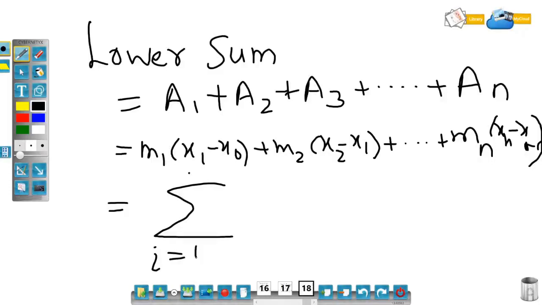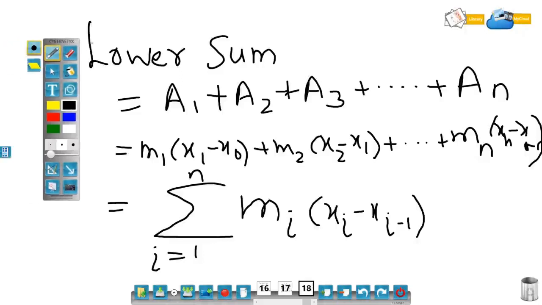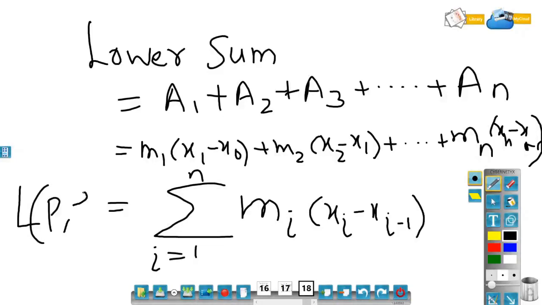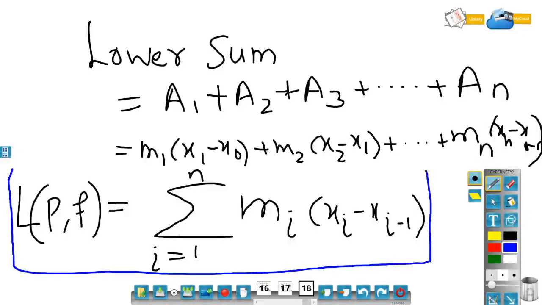Summation i goes from 1 to n of small mi times (xi minus xi-1). What is small mi? Small mi is the infimum of my f(x) in the interval [xi-1, xi]. This is my lower sum, and the lower sum is denoted by L(P, f), capital L, small f.